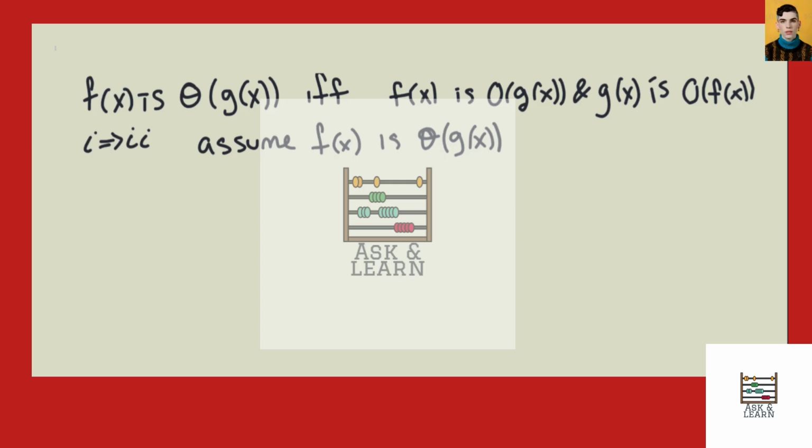So by definition of the big theta notation, this means that f of x is big O g of x, and f of x is big omega g of x.